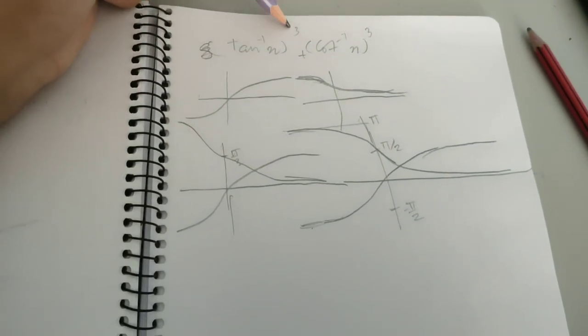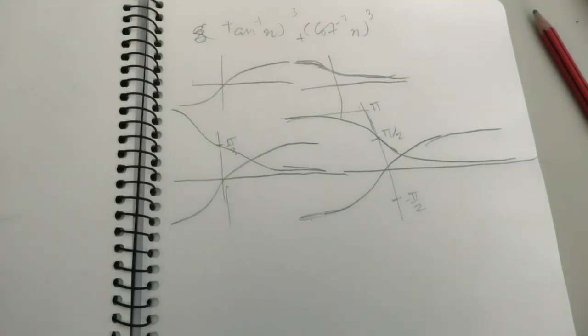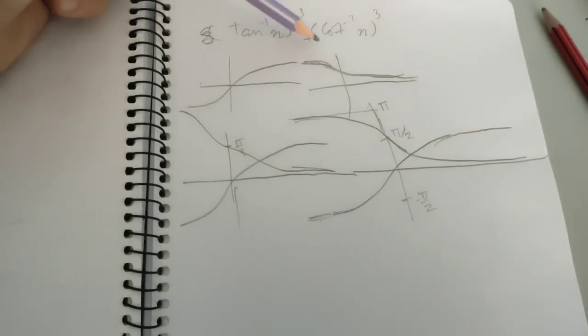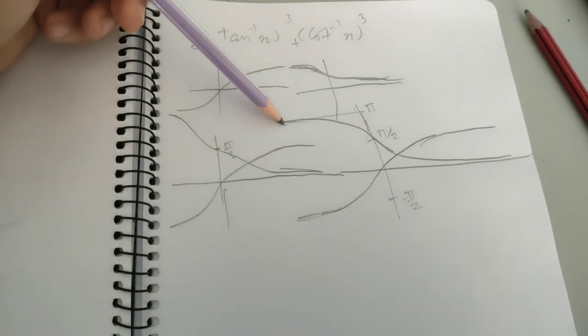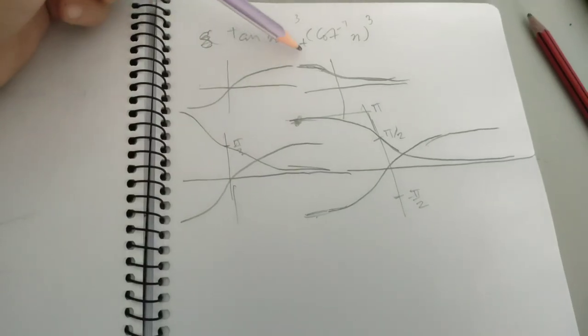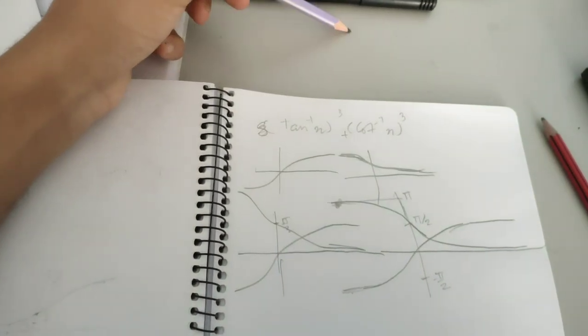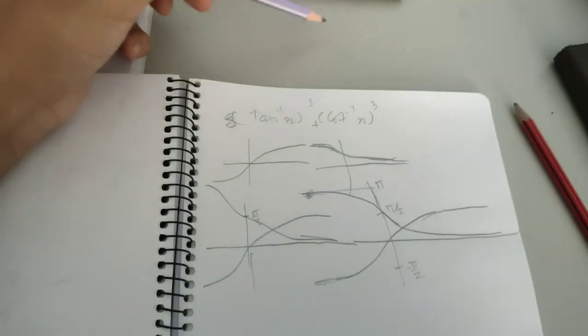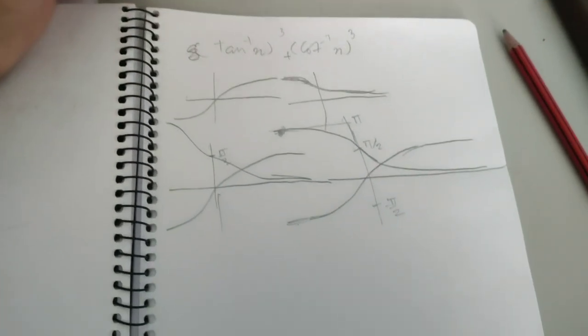So now you just cube them and add them. How I like to think about the cube is that if this is pi, this point over here gets cubed, so it goes somewhere super far away, which has a value of pi cube.